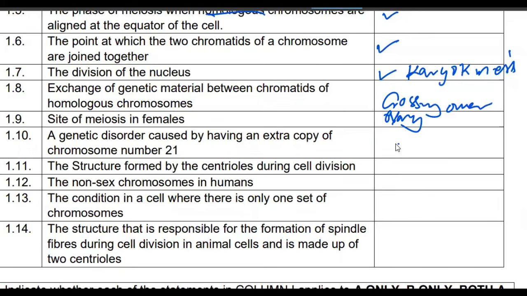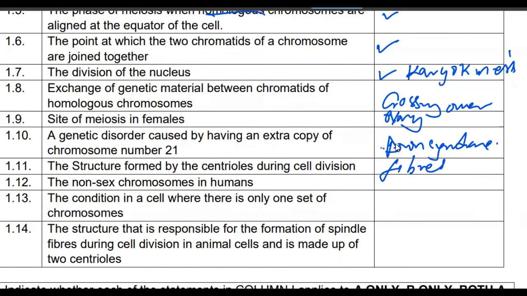And then they are saying the genetic disorder caused by extra chromosome on chromosome number 21, that is Down's syndrome. And then they are saying the structure formed by the centrioles during the cell division with spindle fibers.